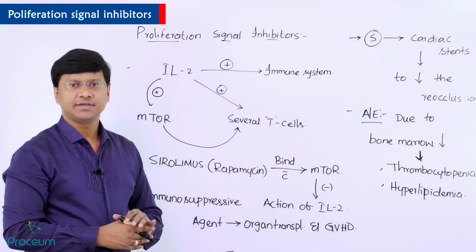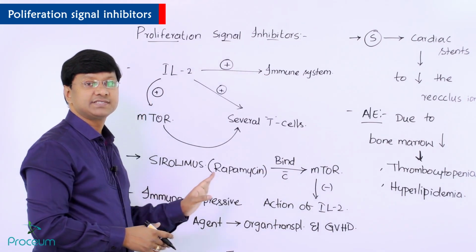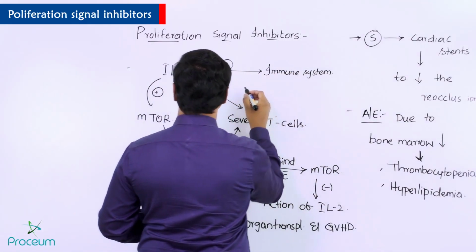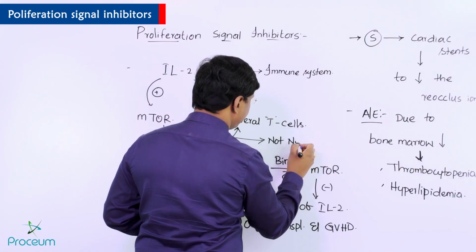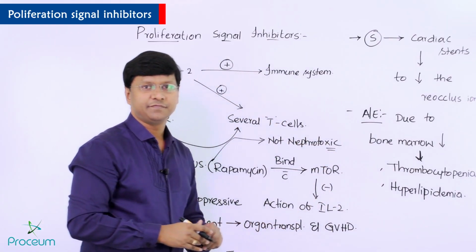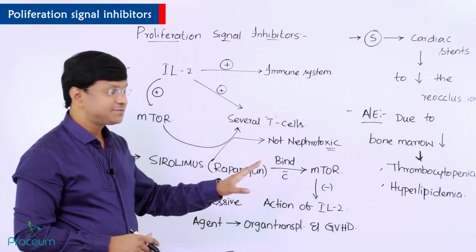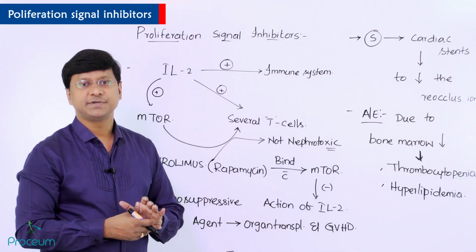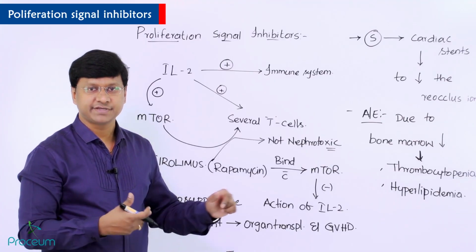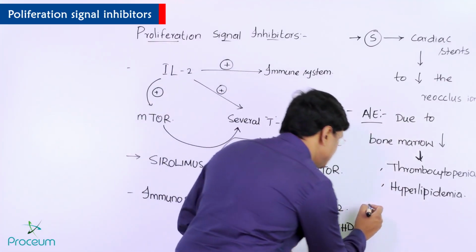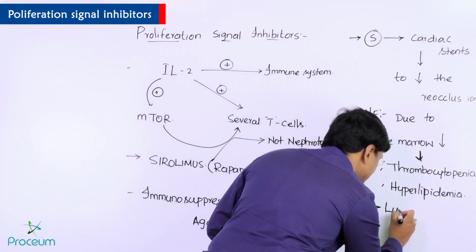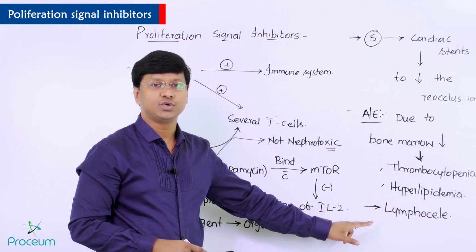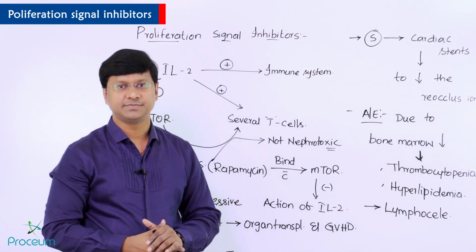Now, remember, Sirolimus per se is not nephrotoxic. But Sirolimus has a dose dependent adverse effect, which is the formation of lymphocele. Lymphocele is increased in a dose dependent fashion by Sirolimus.